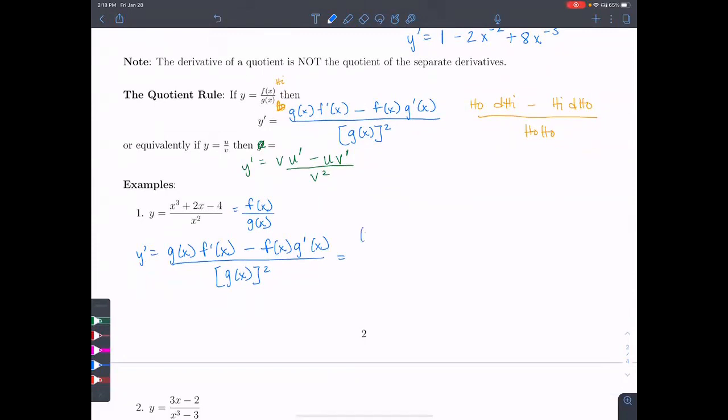Low, which is just x squared, or g of x, d high, so the derivative of the top, that would be 3x squared plus 2. Exponent down front, decrease it by 1, that gives 3x squared. Exponent down front, decrease it by 1 gives just 2. So we have low d high minus high, so x cubed plus 2x plus minus 4, and then the derivative of the bottom function, that's just 2x. And then all of this over x squared squared.